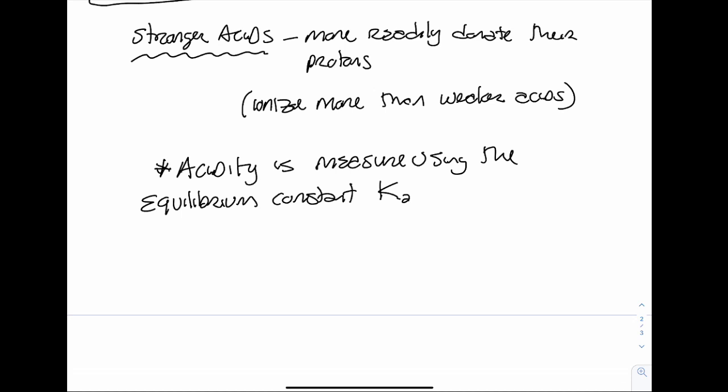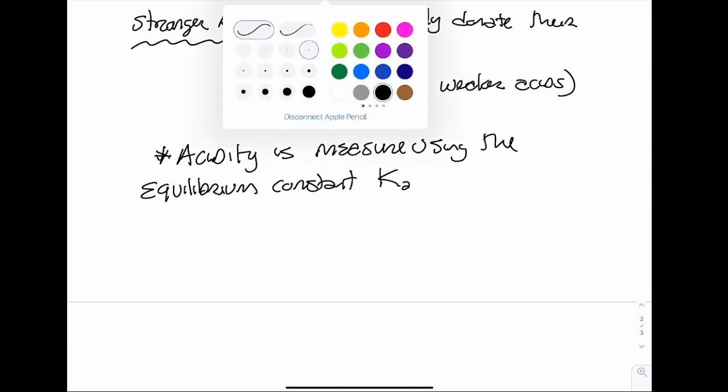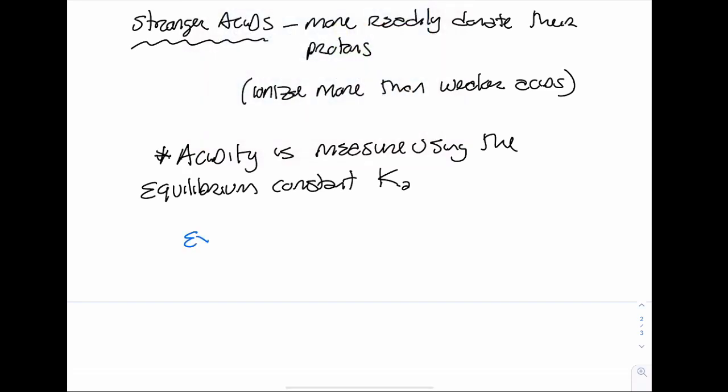So an example, if I was to take HA, A- just being a generic conjugate base, and react it with water, my acid HA is going to donate a proton to water. Water is acting like my base, giving me my conjugate acid, hydronium ions, plus my conjugate base, A-.